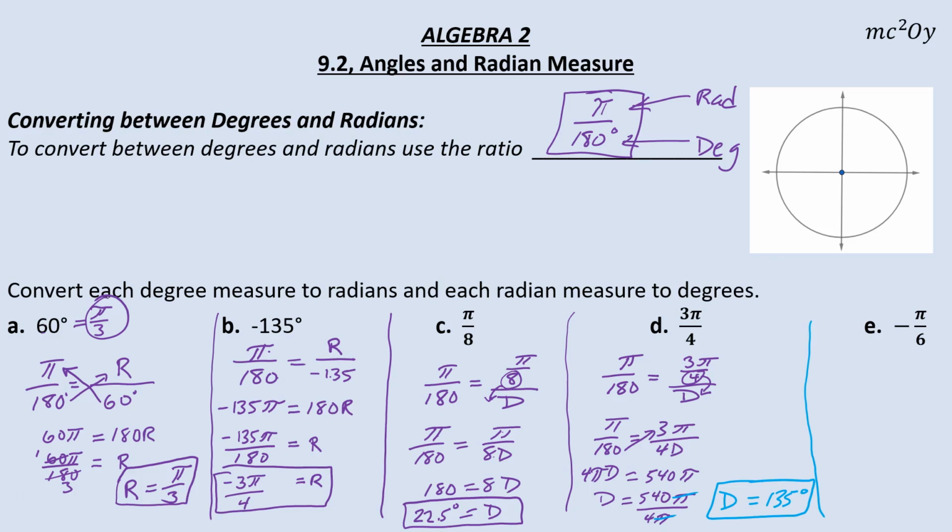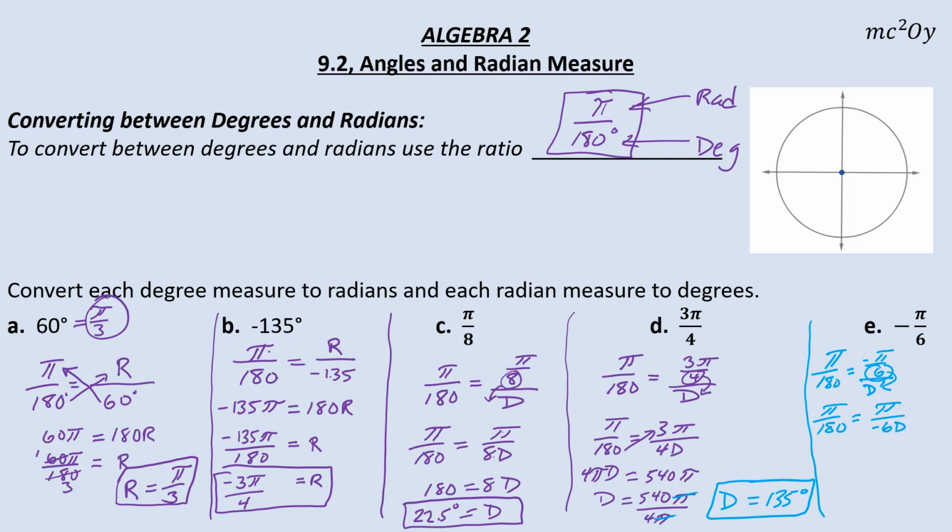We have pi over 180 equals negative pi over 6 over degrees. All right, once again, you can move that down. So it could be pi over 180 equals pi over negative 6d.